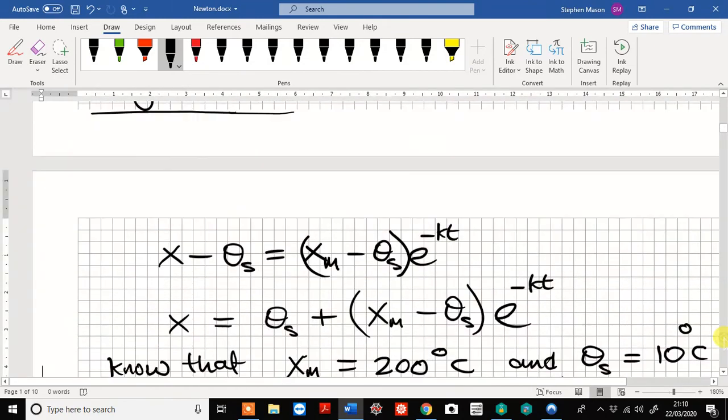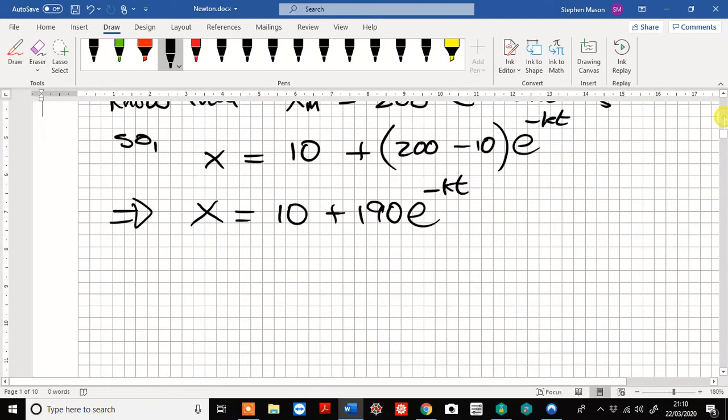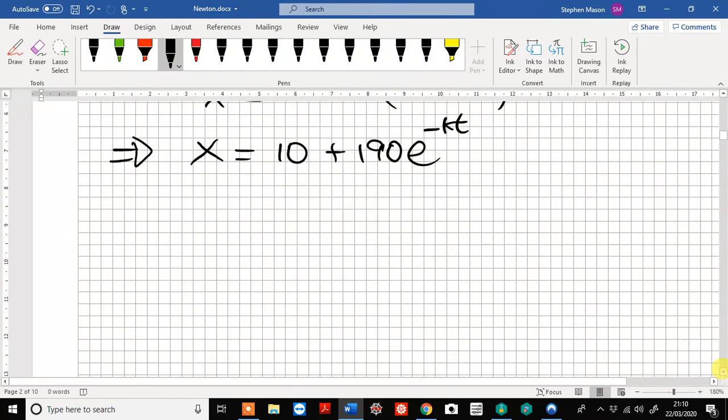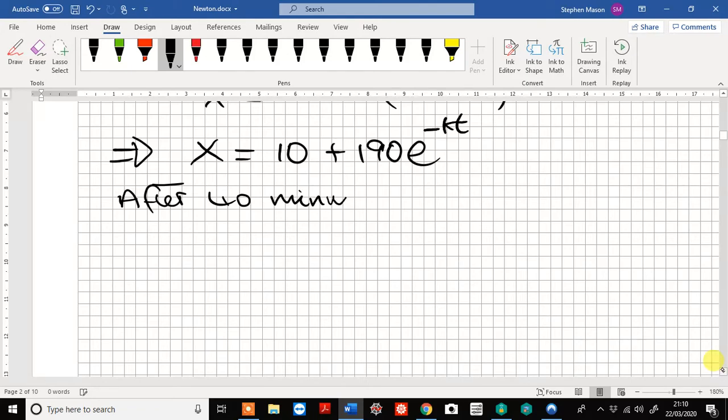So let's go back to our equation and write down after 40 minutes x equals 100.